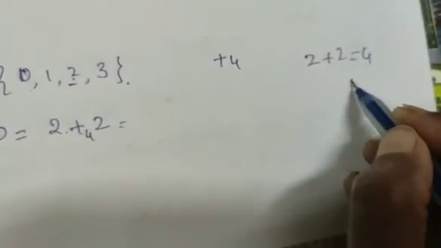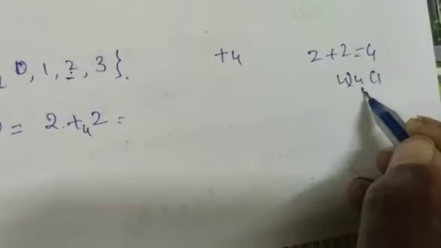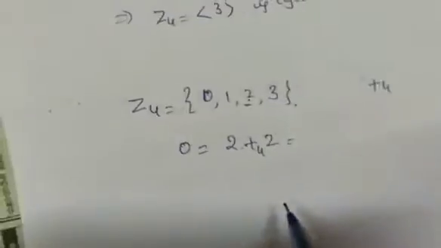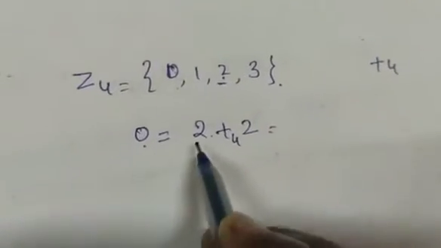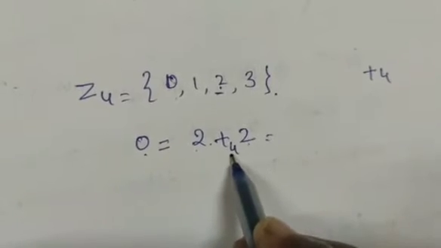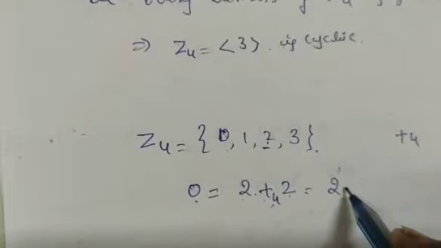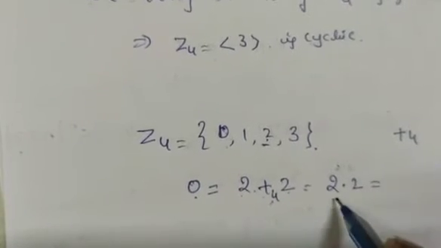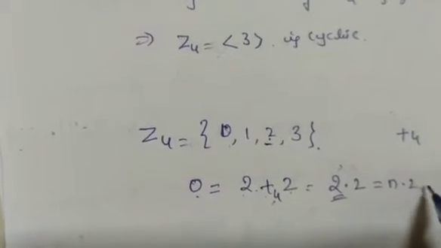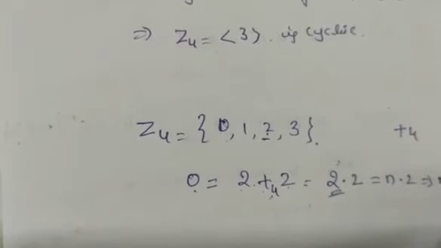If you divide 4 by 4, 4 ones are 4, remainder is 0. So this 0 can be taken as 2 plus 2 under addition mod 4. This implies it is 2 into 2, that is n into 2, so n is equal to 2.